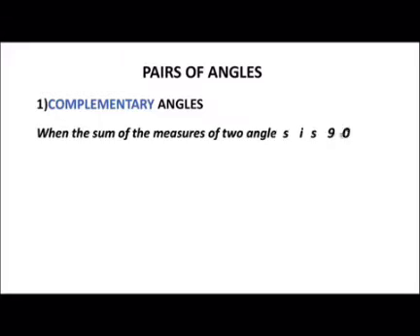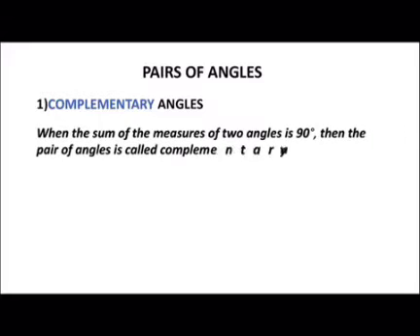So the first pair of angles that we are going to learn is complementary angles. Check the spelling: complementary angles. So what are these complementary angles? Two angles are said to be complementary angles, or two angles are said to be complement to each other, if their sum is 90 degrees.